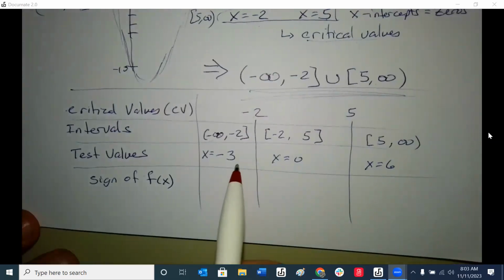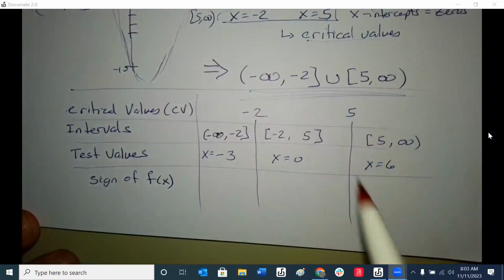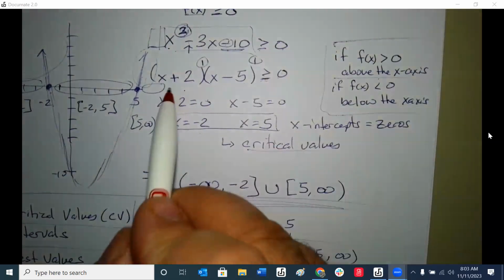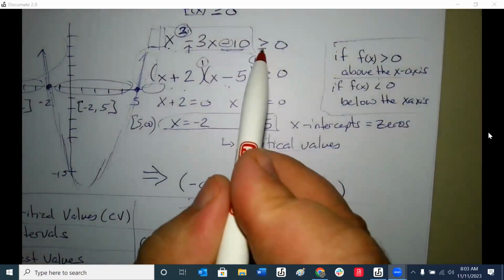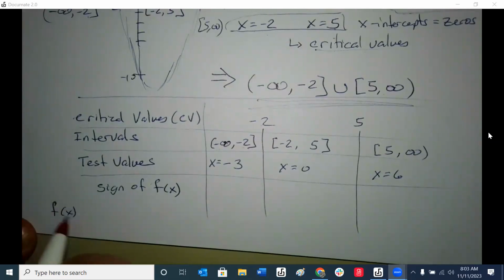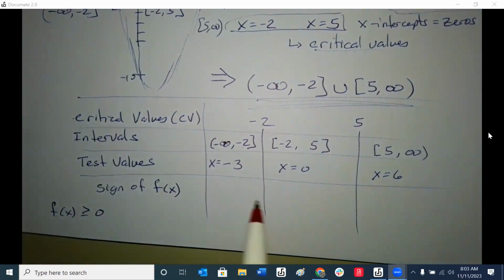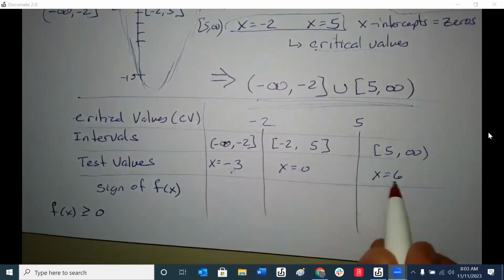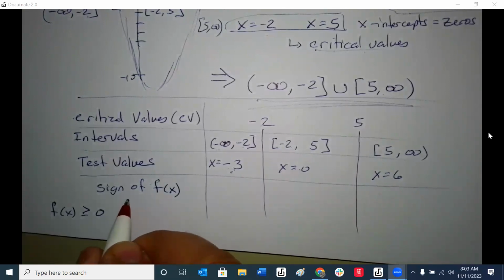Once I get my test values and I have the intervals, and I know that what we're looking for is our function has to be greater than or equal to 0, I only want positive answers. So I plug these test values inside my function.